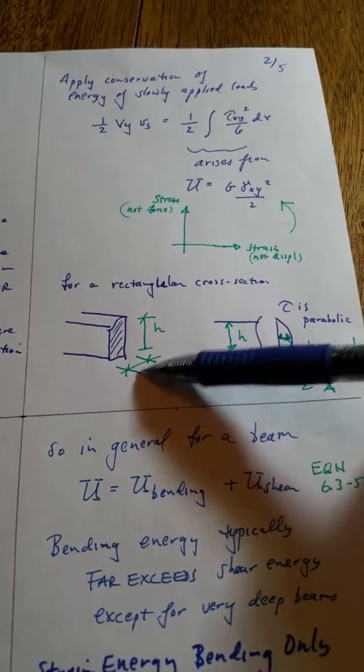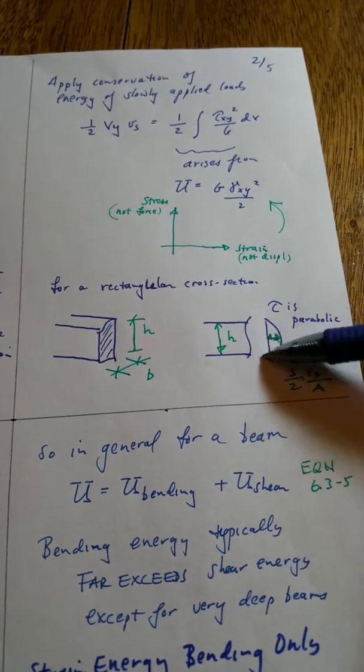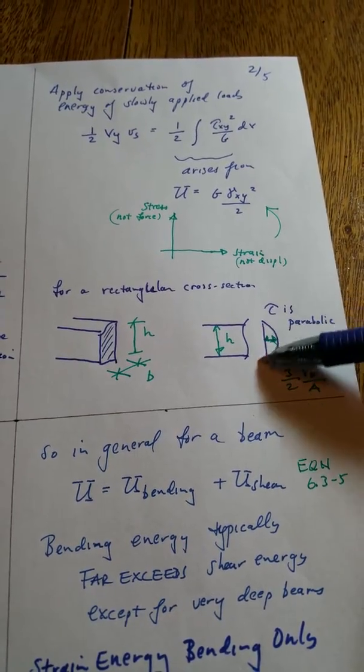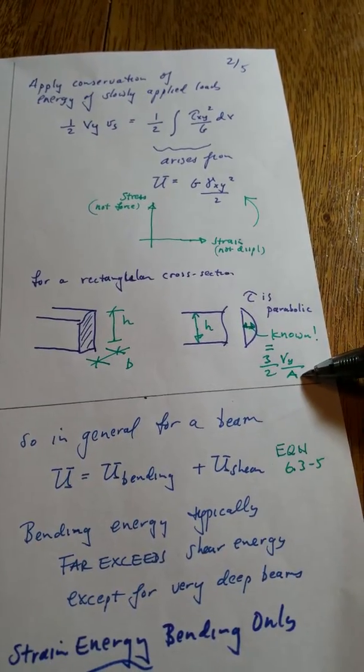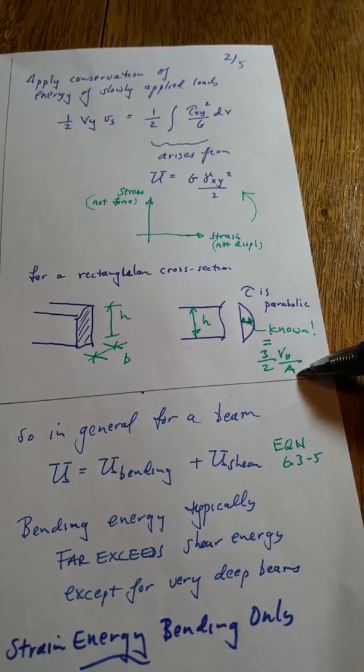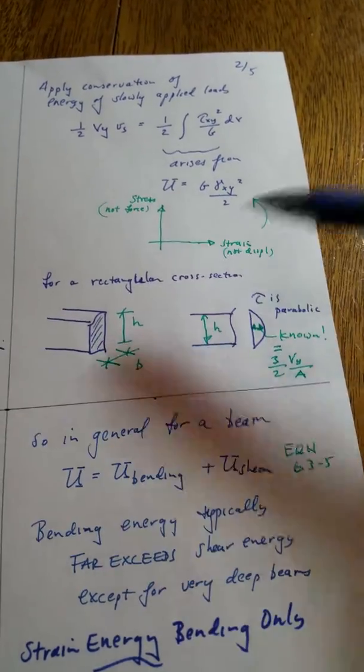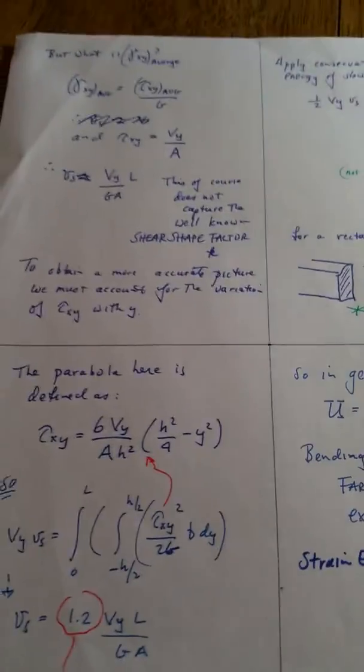So for a cross-sectional area with base b and height h, we know that the parabola distribution looks like this. We know what it is at the peak. I hope you remember this handy-dandy formula, 1.5 V over A for a rectangle only. That only applies to a rectangle.